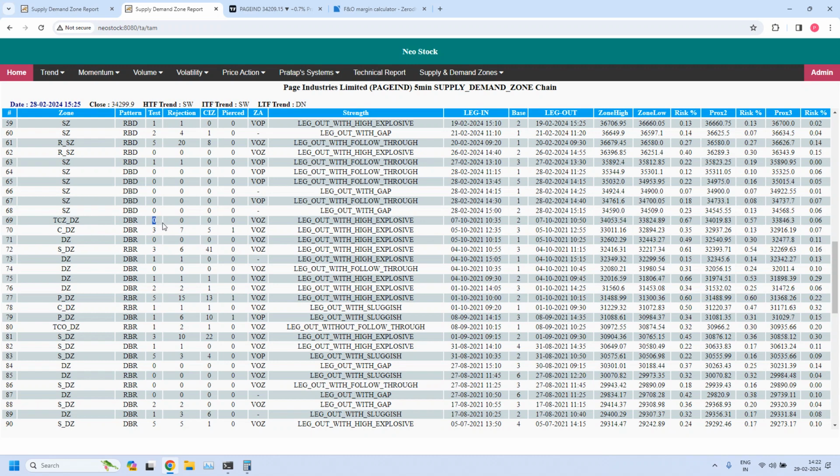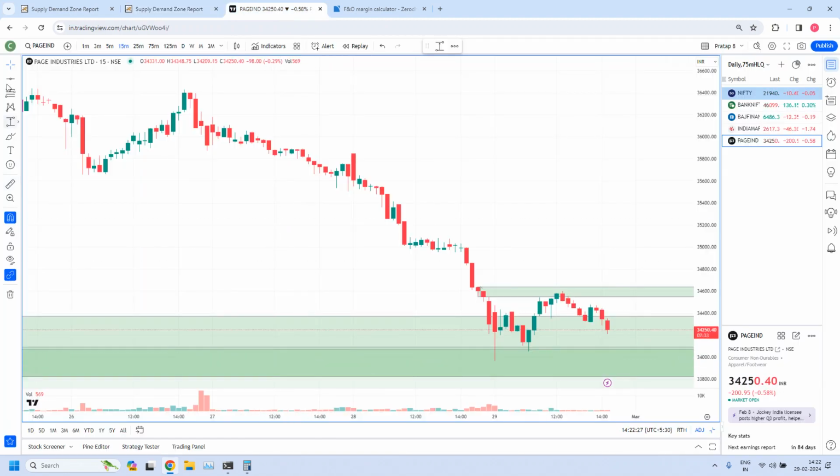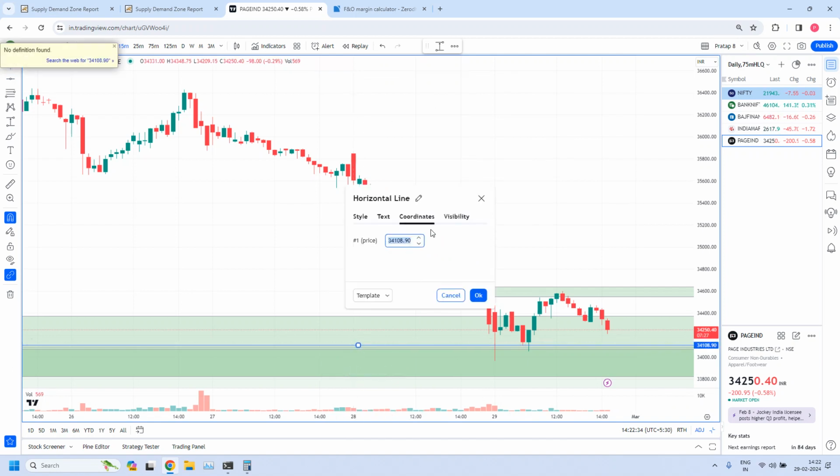See here. So 3453.55. Let me draw a line at this. I'm copying this value. What I'm doing is I go to the chart. I draw a horizontal line here somewhere. Wherever you draw, just double click and paste the value here, 3453.55.